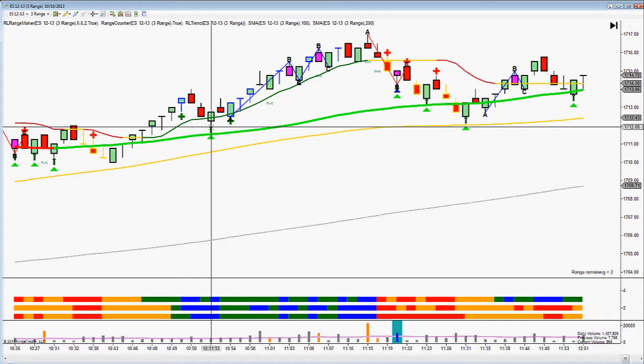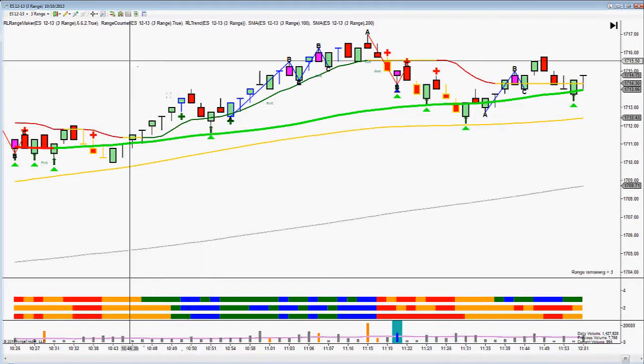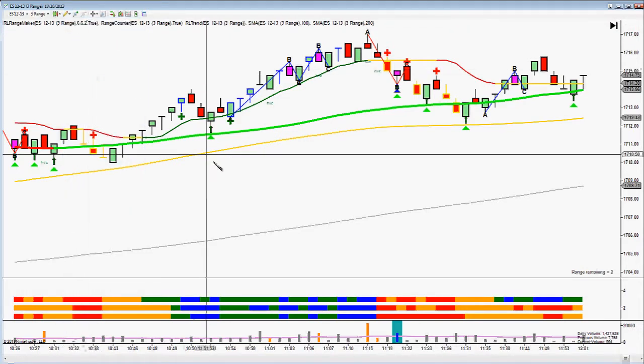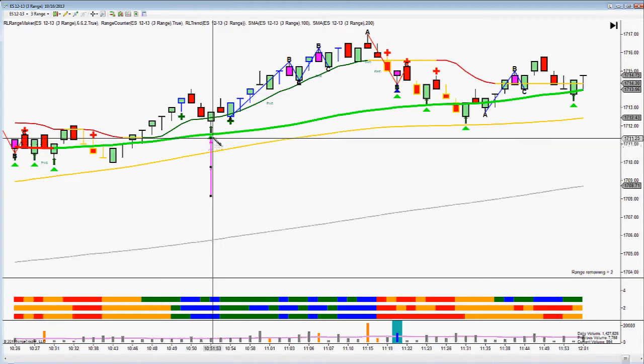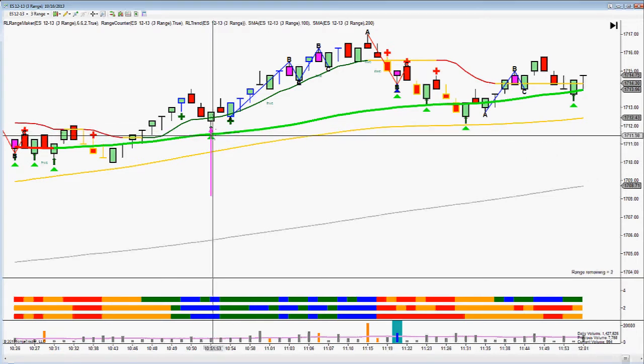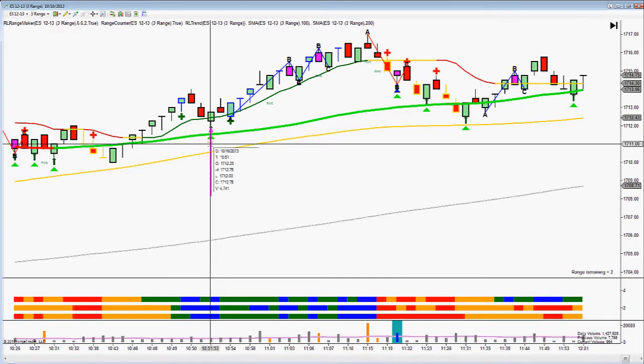Here is where we get our next entry signal. It's right here. It's a momentum signal. Order flow, stochastic, and momentum are either green or blue, and we're in the trade. Very clear-cut signal. The close of the candle is 1712.75.